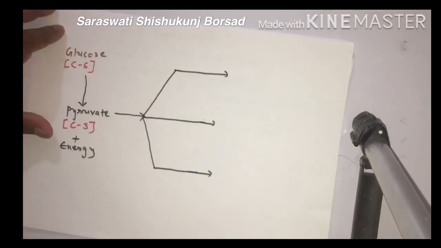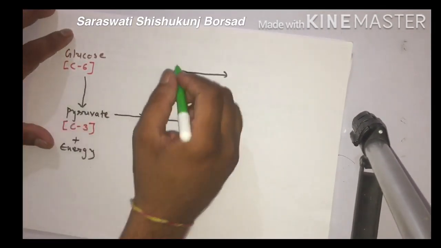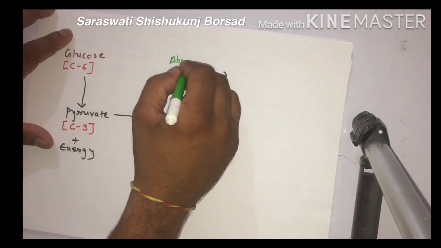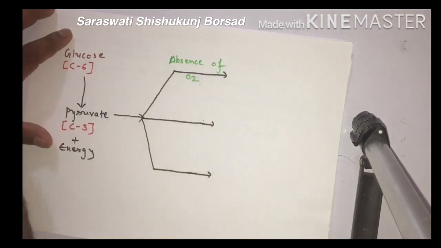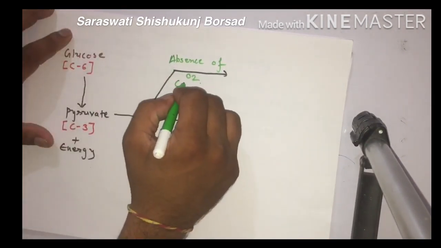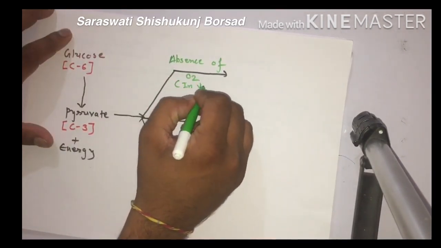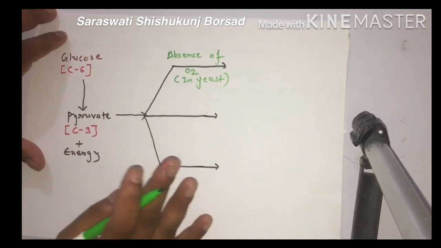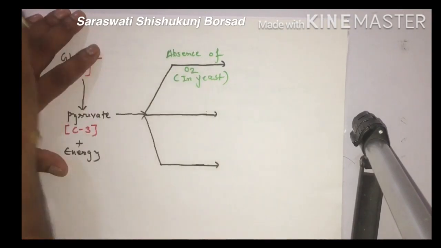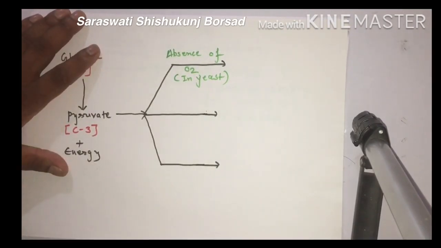What happens if we take the first case, in which there is absence of oxygen? Generally we are taking a medium of yeast, as we have discussed. If there is a medium of yeast and absence of oxygen, we will have alcoholic fermentation.